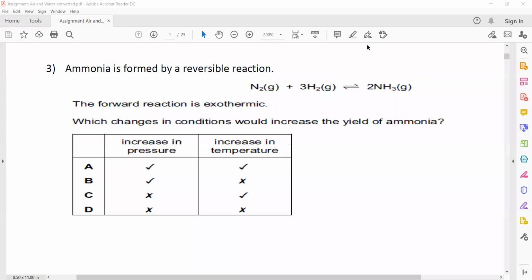Ammonia is formed by a reversible reaction. The forward reaction is exothermic. Exothermic reaction means that the reactants have high energy and the products have low energy. Which change in the conditions would increase the yield, meaning the amount of ammonia?